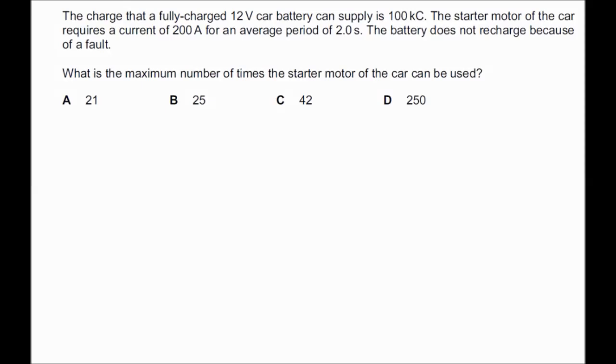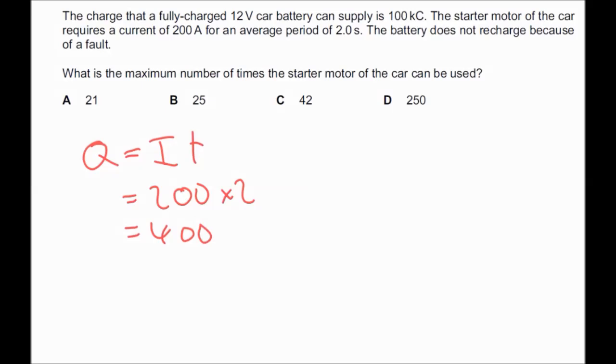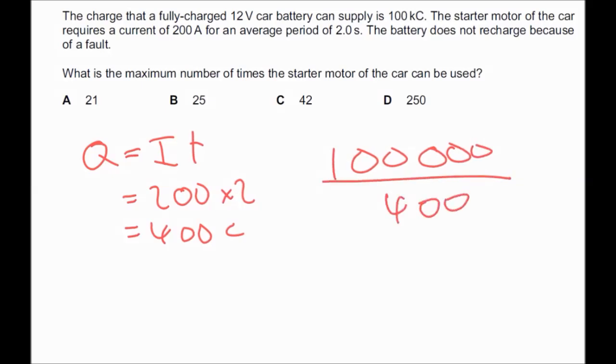Okay, so we want to know how much charge we can use each time the starter motor is attempted to be used. We have 200 times by 2, which is 400 coulombs. Now, the car can supply 100,000 coulombs. So 100,000 divided by 400, well, sorry, 1,000 divided by 4 is 250, which is D.